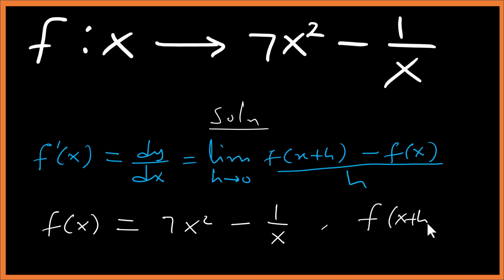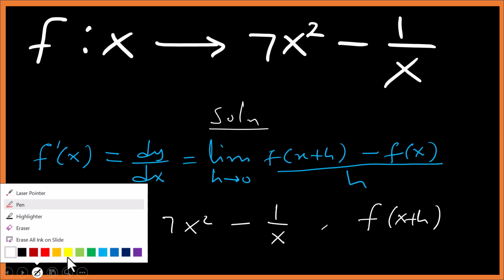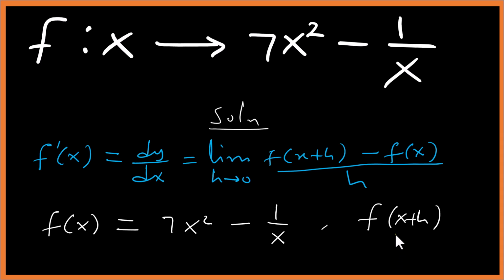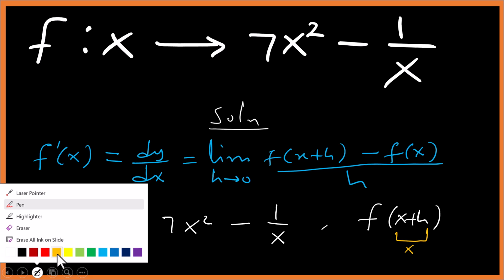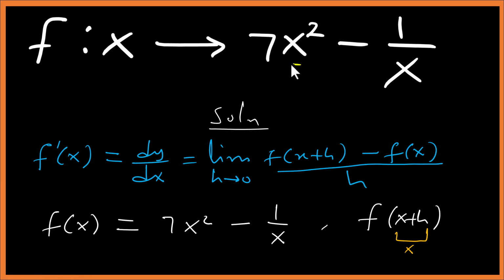So the trick here is that where you see x, just put x plus h there. We have x squared here and x here, so I'll plug in x plus h.